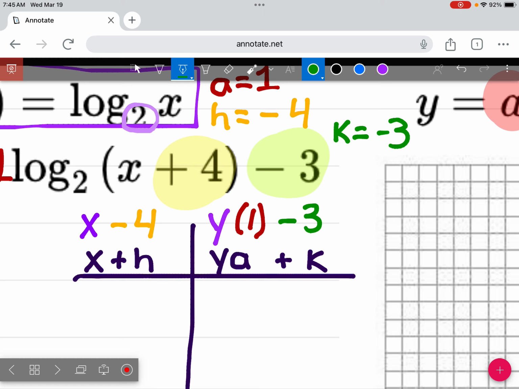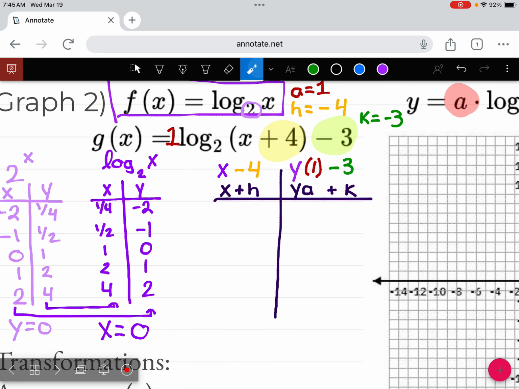And for some of these, we're probably going to want to use a calculator, and that's okay. So we're going to take our x values from over here and apply this transformation. So we're going to take our 1/4 and take away 4.